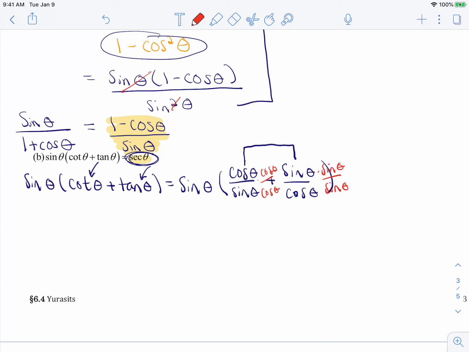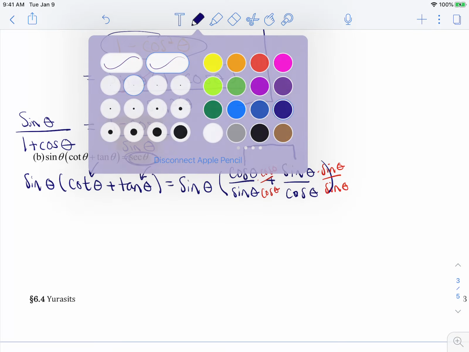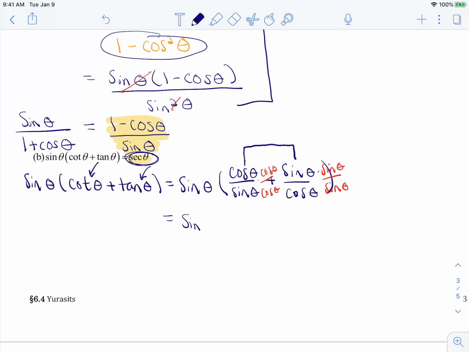So realize I'm showing that work. Don't jump to the next step without showing that piece. So I get cosine times cosine, which is cosine squared, plus sine times sine, which is sine squared, and now these are over the same denominator.